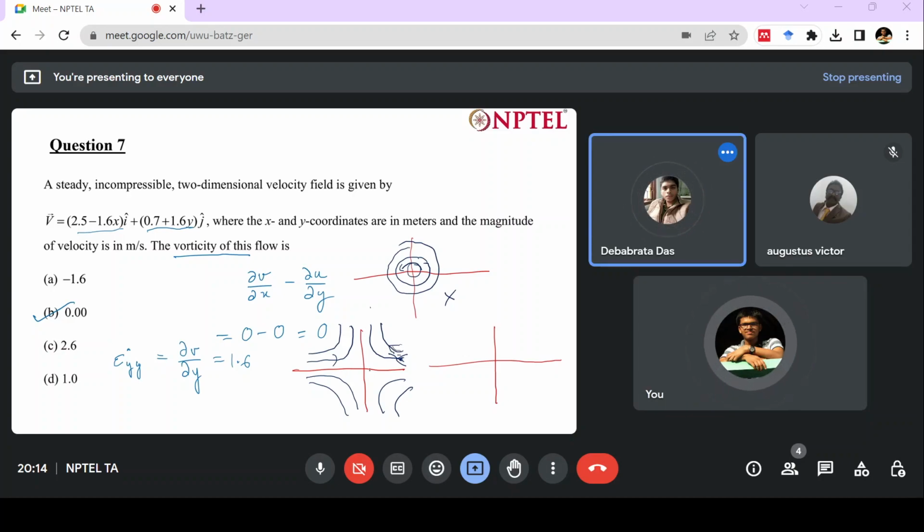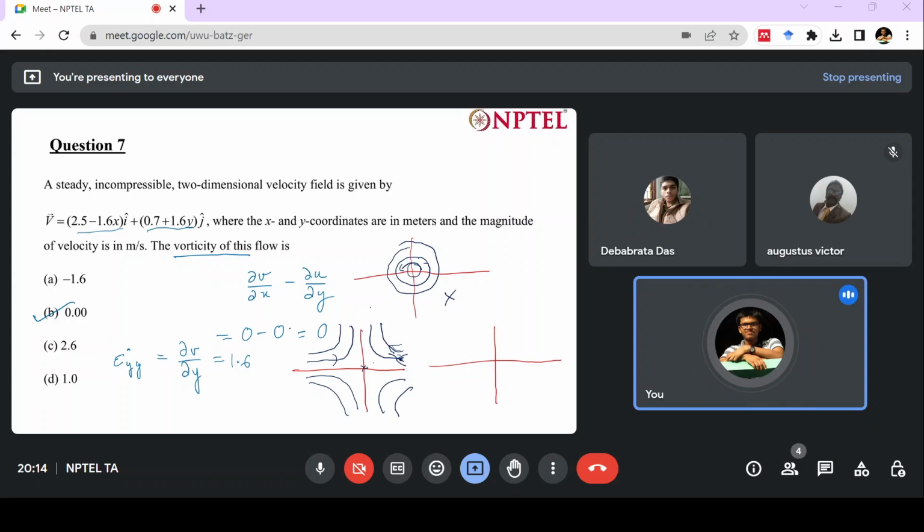It may not be exactly meeting at the origin, it will be offshifted from the origin, obviously, because at the origin, if you put 0, comma 0, there is a velocity. So this is offshifted from the origin, but the shape will be like this. Also, this is an incompressible flow, so this kind of flow field is very much possible. If you find del u del x and del v del y and add them up, this is zero.